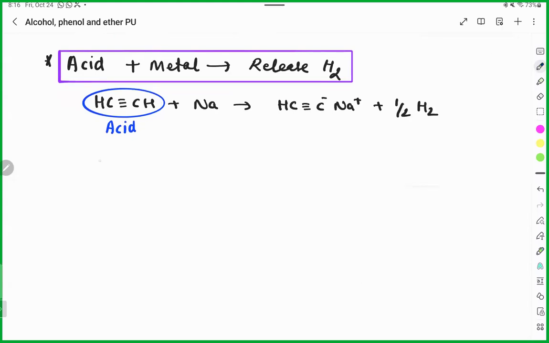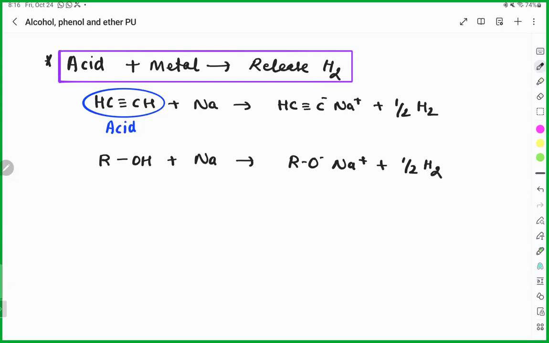Next example: if you take ROH and react it with sodium, what will happen? RO negative Na positive will be formed and half a mole of hydrogen gas will be produced.